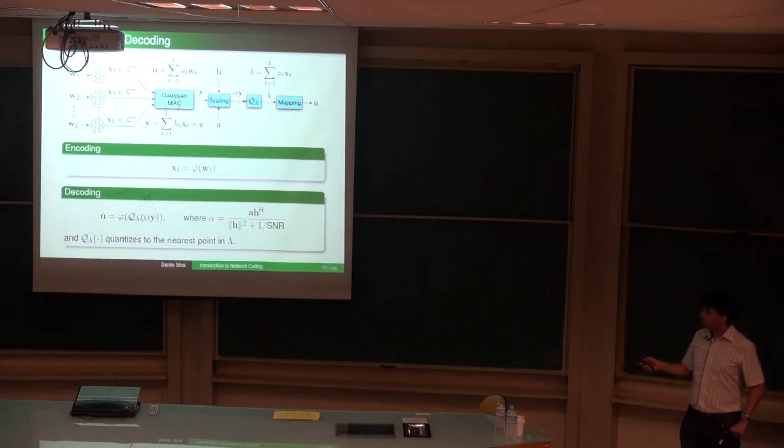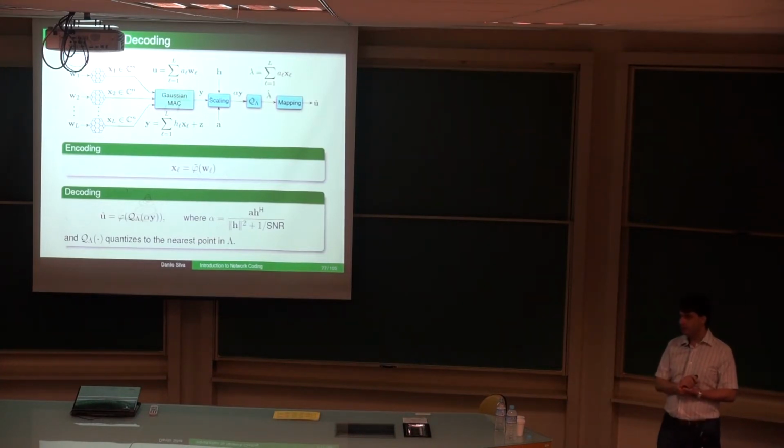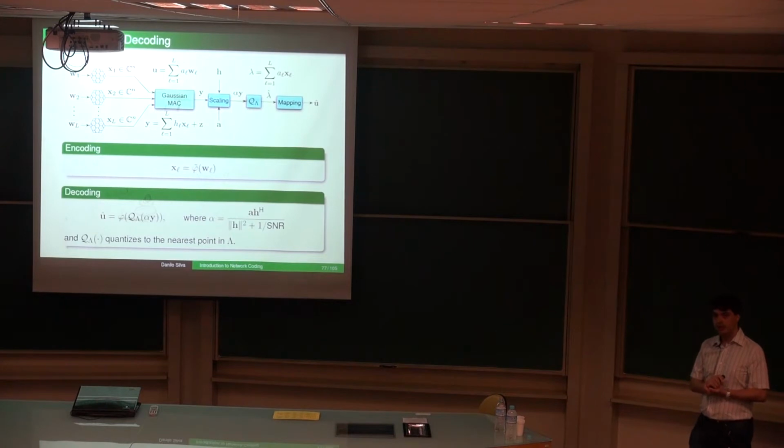So encoding is just using the embedding map to take messages from a set of lattice points. And decoding is essentially lattice decoding to the nearest lattice point, and then applying the labeling to figure out your messages. Okay, except that there is a scaling here by alpha.